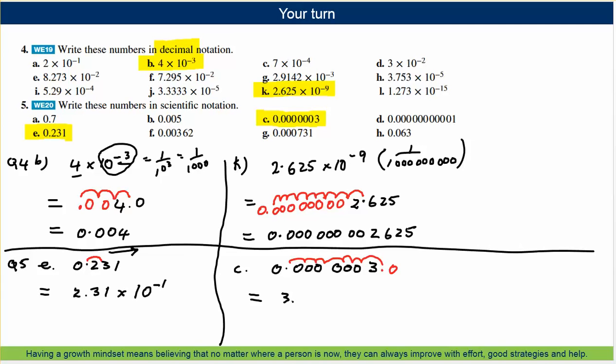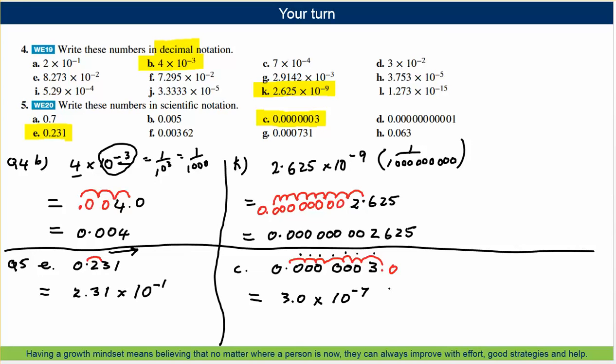So let's write down 3.0, or you can just write 3 times by. So effectively multiplied by 10 million. To get this equivalent to the original, I need to divide by 10 million, which is 10 to the power of, was it 1, 2, 3, 4, 5, 6, 7. So negative 7.